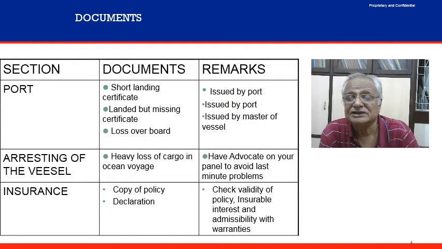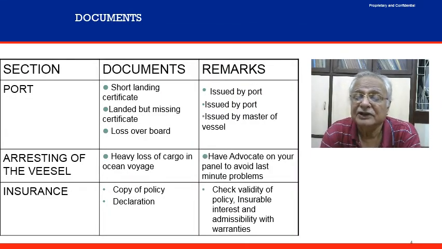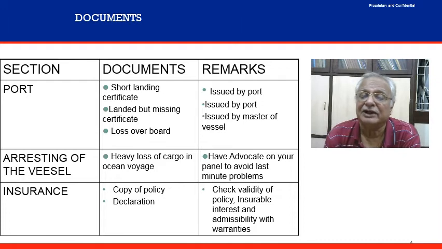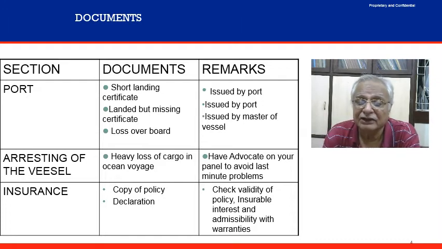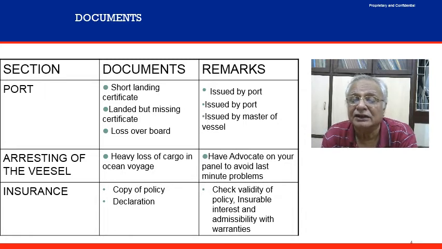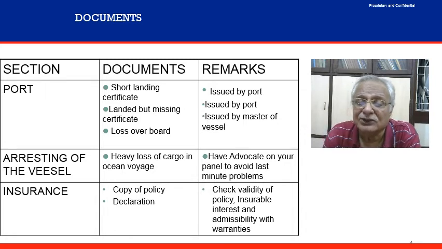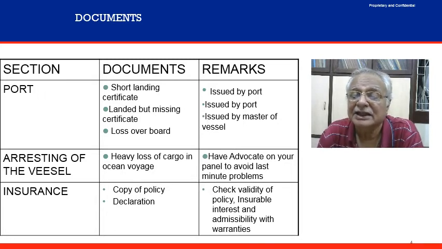This is a very important part of the documents we should know. Now try to understand one thing: when you are calling for documents, you should call them considering the nature and type of claim, and also the commodity. We have already discussed in earlier modules that the cargo can be dry bulk, break bulk, liquid bulk, unitized, or containerized.